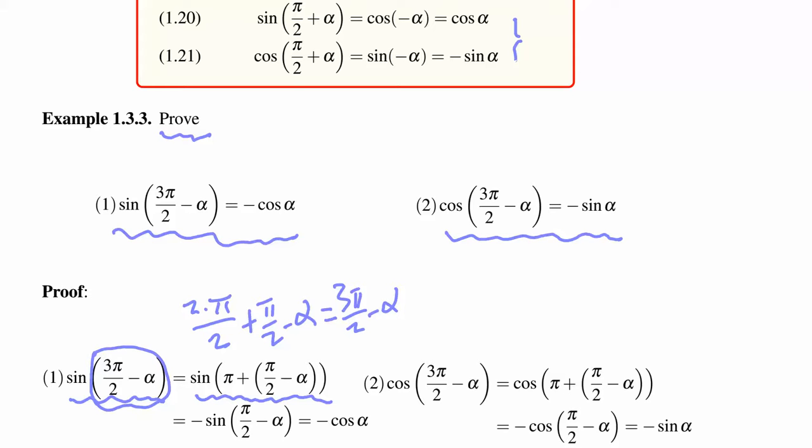Okay, so then again, treat this one as an angle in the first quadrant. Then plus pi will be in the third quadrant. And treat this one as in the first quadrant.